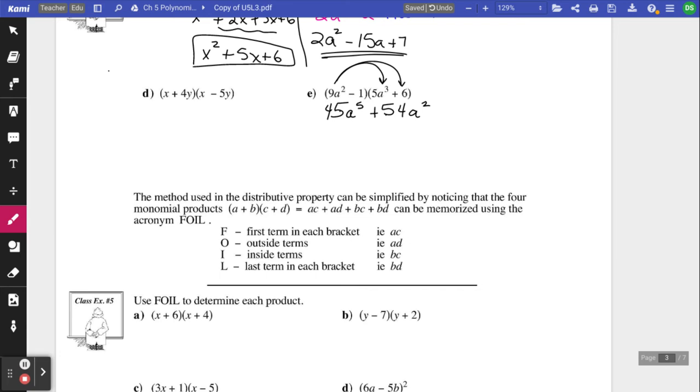Now we have to do the next term, the -1, times everything in the second bracket. So I'll change colors just so it'll be easier. Now we're going to take -1 times 5a, so -5a cubed. Then we take -1, take the sign, times the +6. -6. Okay, then I write it down.